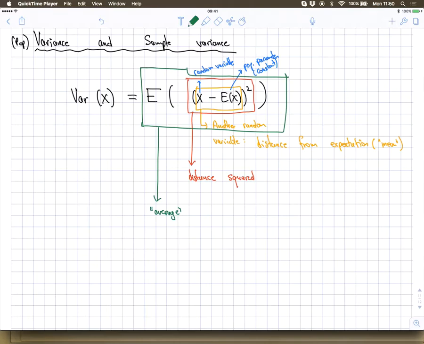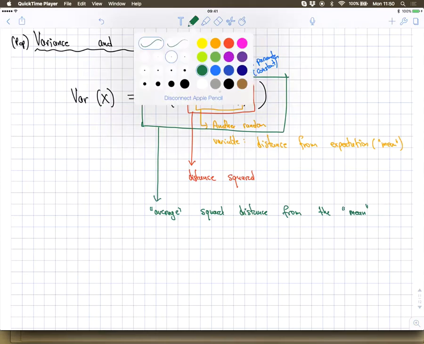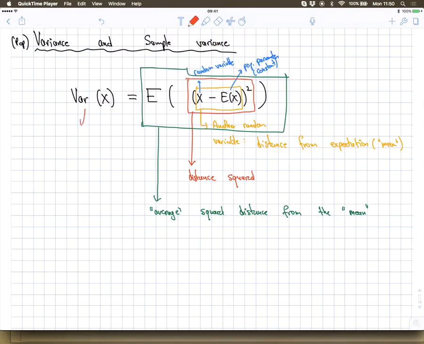Average squared distance from the mean. So this variance is also a population parameter, which will be constant. It's whatever that population parameter is.